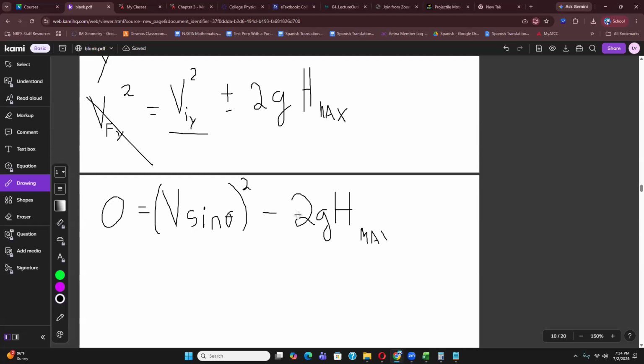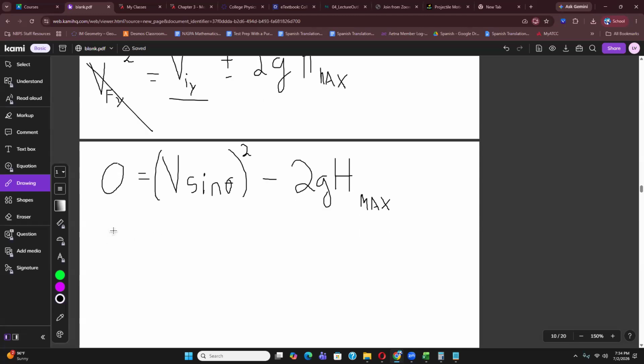So look, I found H max. H max is this squared, so V squared sine squared over 2g.